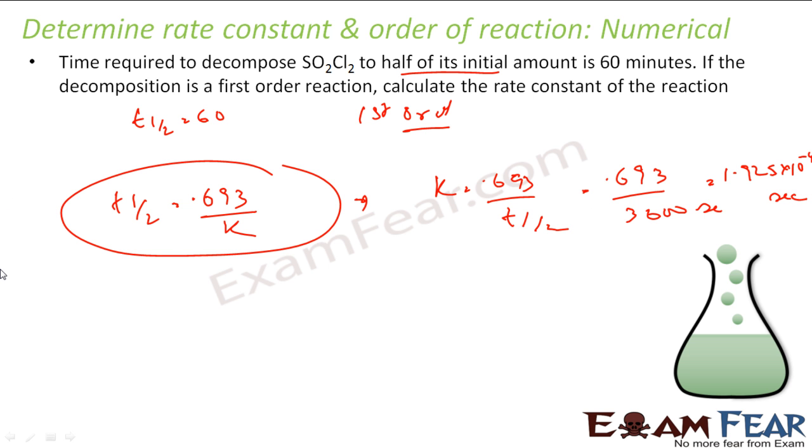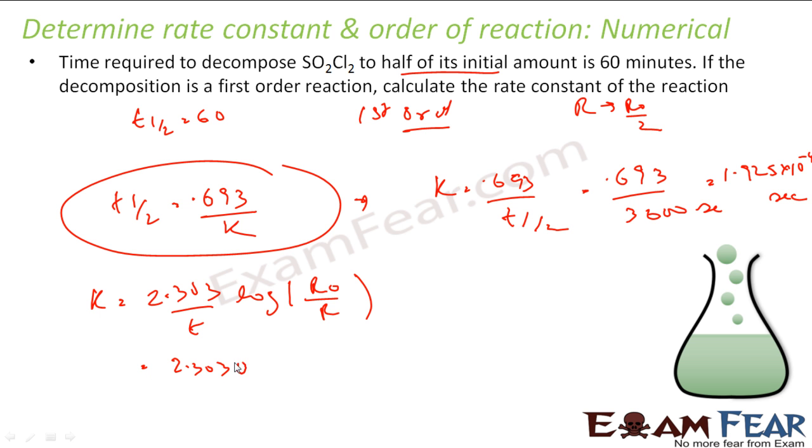If you don't know this formula, and you know only the golden formula, K = 2.303/T log(R naught/R), then also it's okay. In this case the concentration is half, that means R becomes R naught by 2. So let's put R as R naught/2 and T as 60. It's 2.303/60 log of R naught by R naught/2, which becomes log 2.